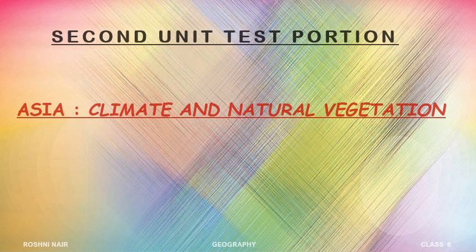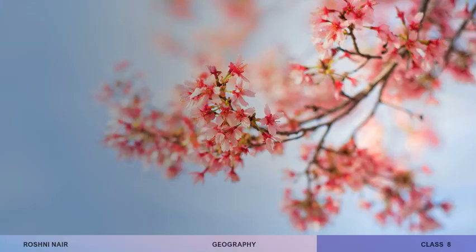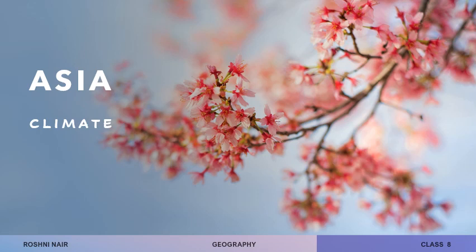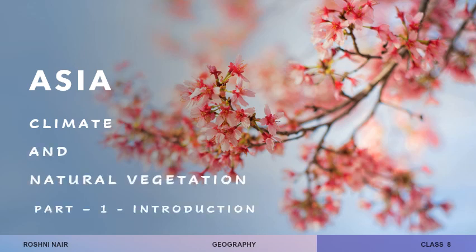This chapter is chapter 8 in our geography textbook and the page number is 105. So today onwards, we will be doing Asia, Climate and Natural Vegetation.